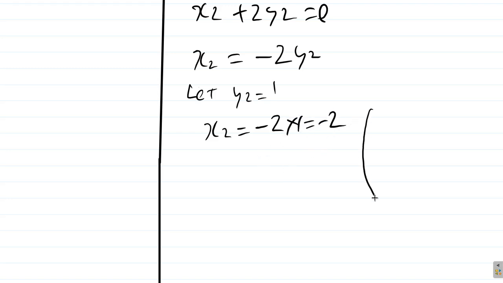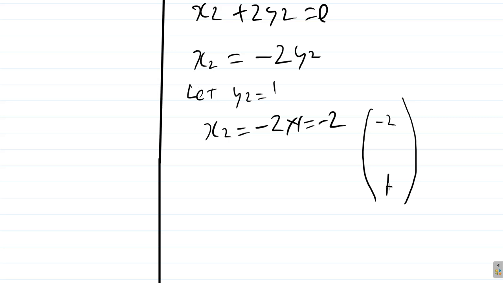So what we can do is make the matrix where x2 is negative 2, y2 is 1. I choose y2 as 1 to make it simpler. It's the same thing as negative 4, 2, or negative 6, 3, and so on and so forth.